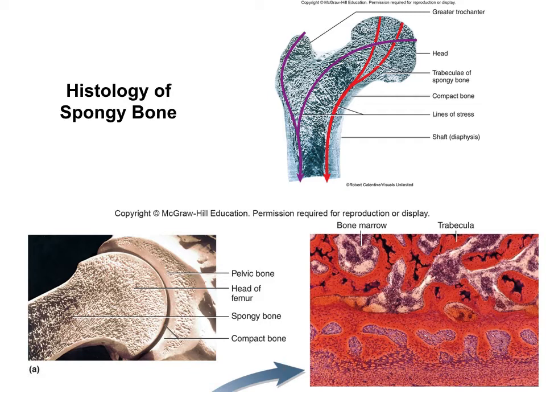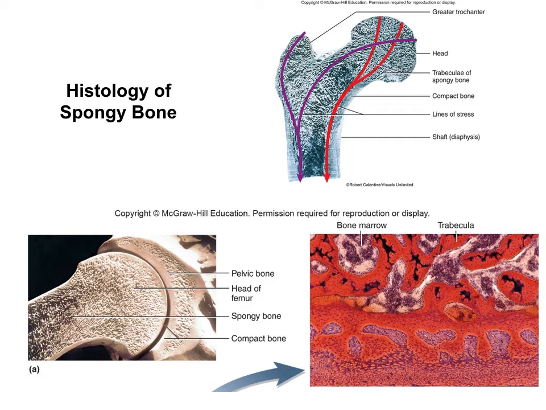Having spongy bone at the joint allows the epiphyses to resist fracturing when you have those multiple directions of stress. Spongy bone also makes your bones a lot lighter, and lighter bones are going to be easier to move and to support with your skeletal muscles.